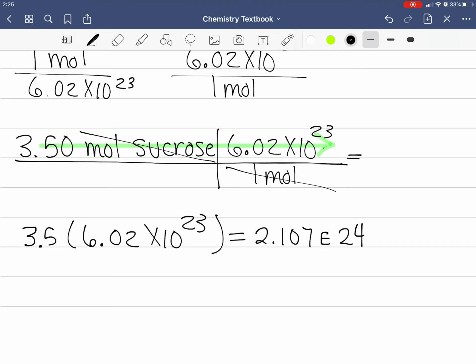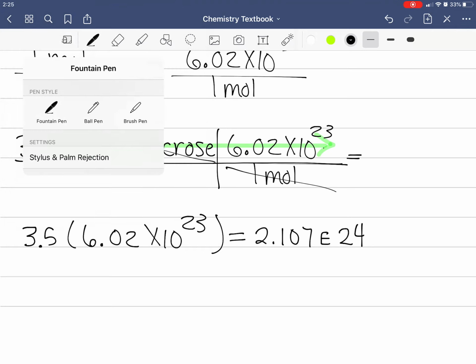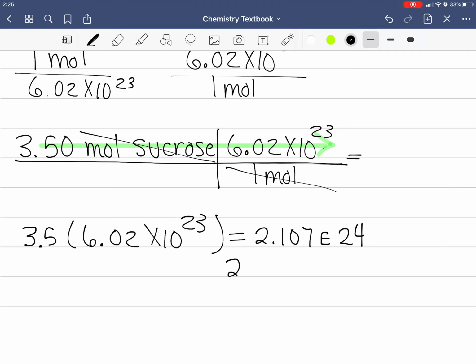That E means it's an exponent. So that means my number is going to be 2.107 times 10 to the 24th.